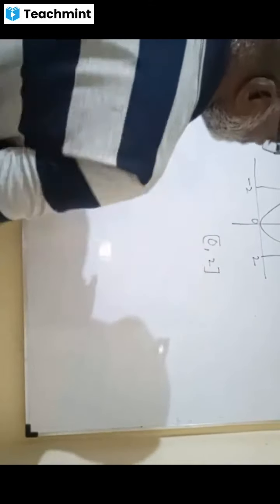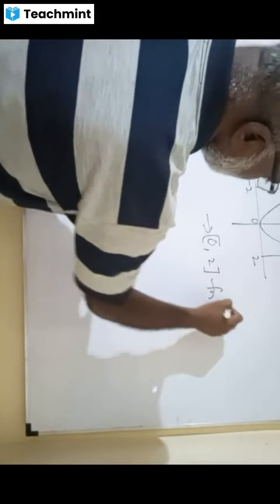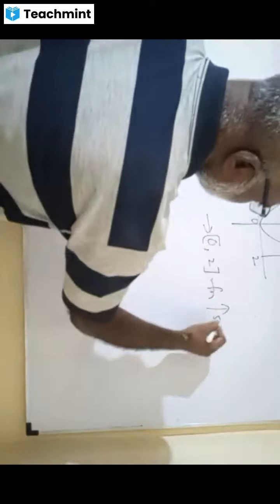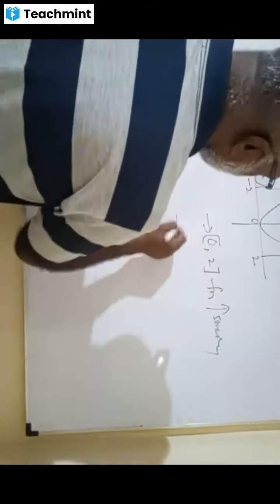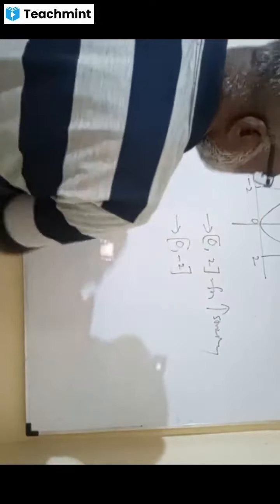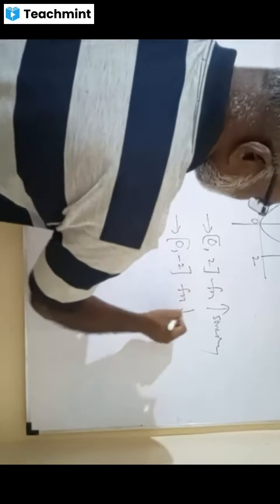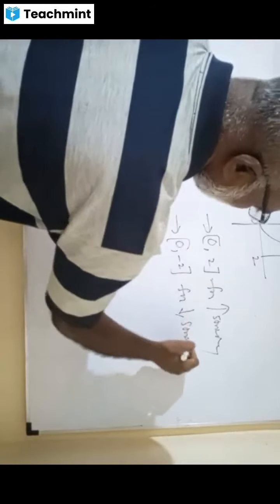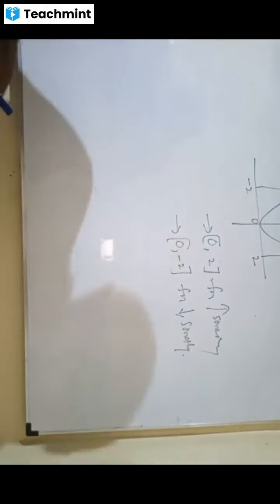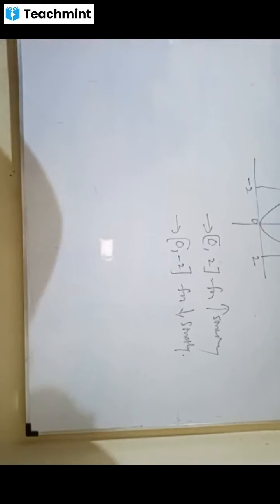I can say the function is strictly increasing in 0 to 2. In the same way, for 0 to minus 2, the function is strictly decreasing. The interval is very important. Is it okay? Yes, sir.